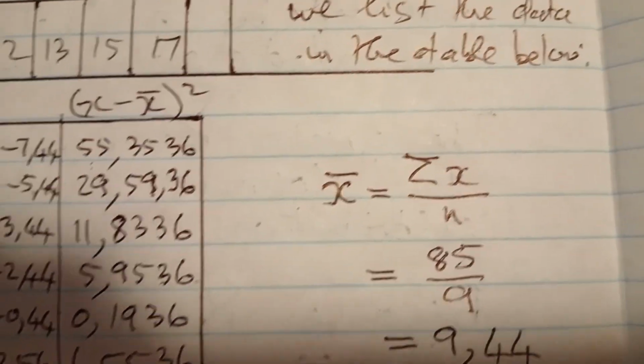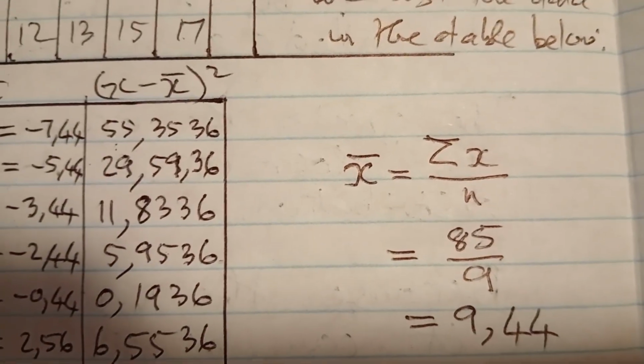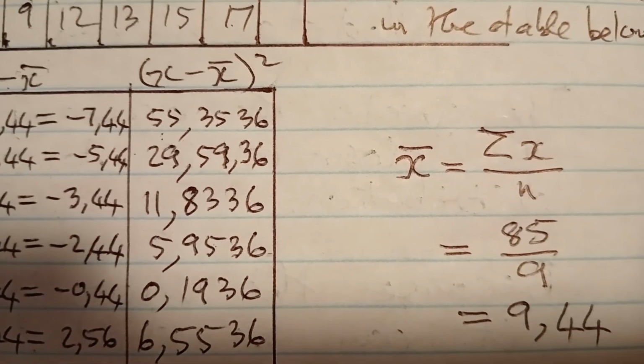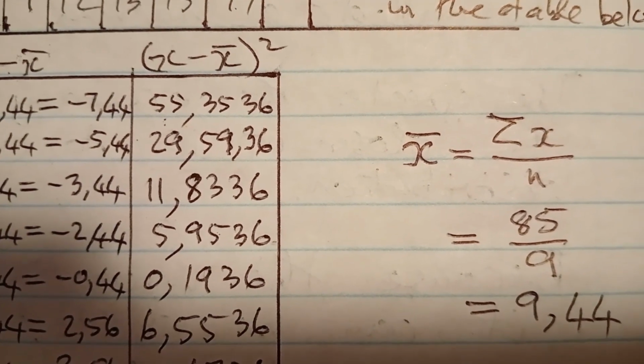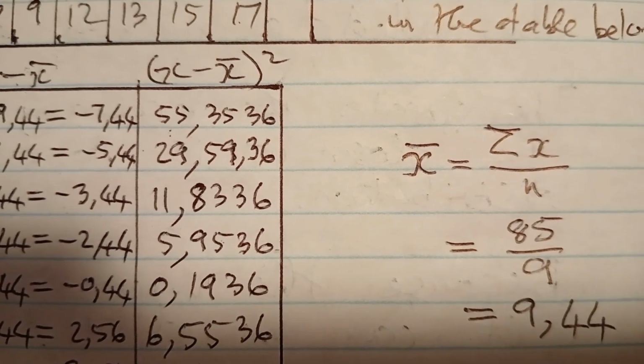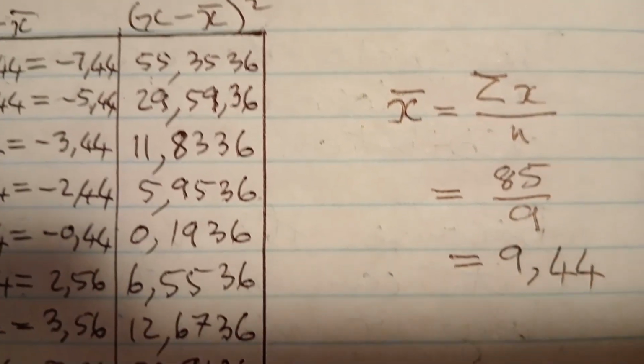So what we use then is the square of the distance between the data and the mean, and we square each of those. So the square of minus 7.44 gives you 55.3536. The square of minus 5.44 gives you 29.5936, and so on.